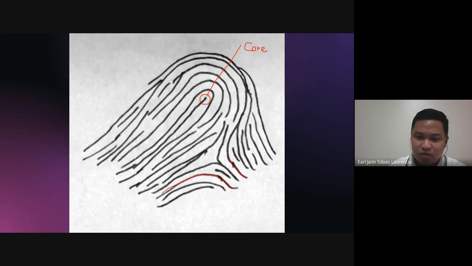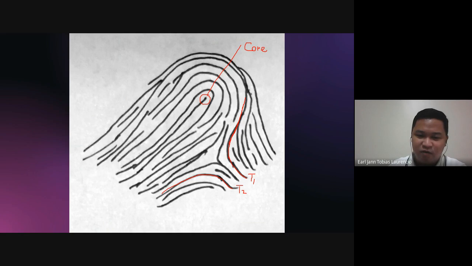Okay? So the ones that I am coloring with red now are the type lines. Let's give a label. Type line 1 and this is type line 2. So we already determined the type lines.